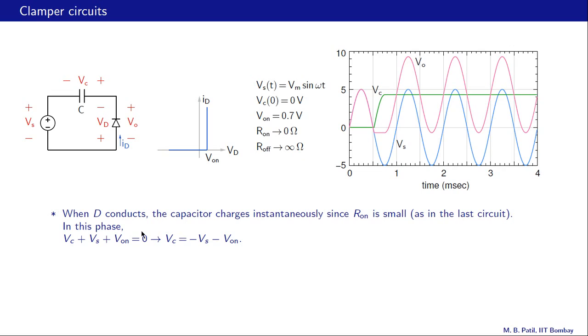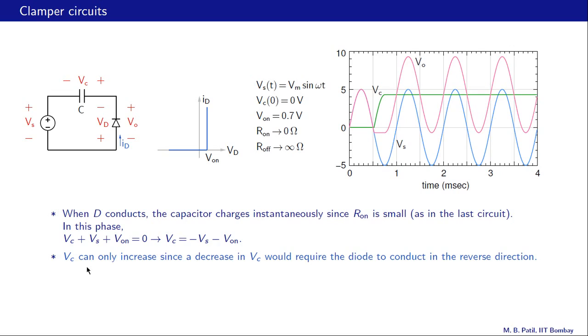And in this phase we can say that Vc plus Vs plus V on is equal to 0. That's simple KVL. Vc plus Vs plus Vd, which is V on, equal to 0. And that tells us that Vc must be equal to minus Vs minus V on.